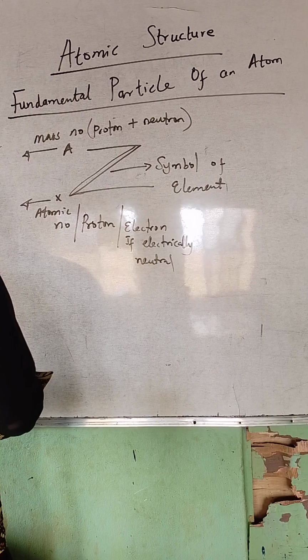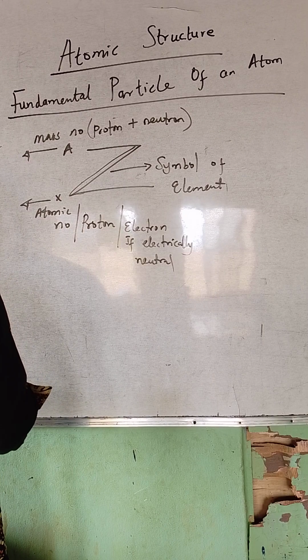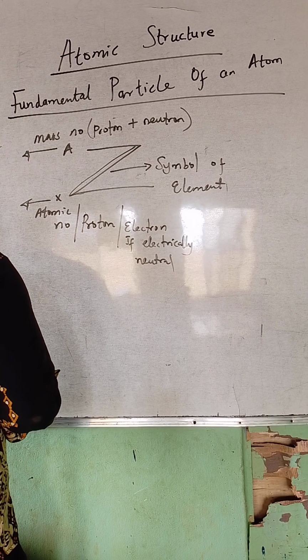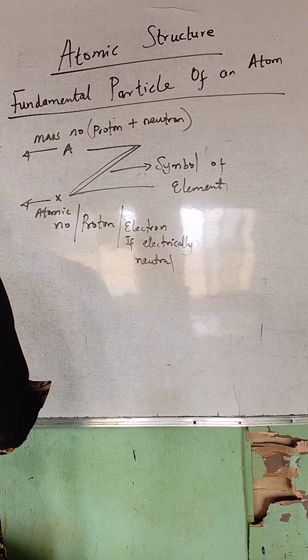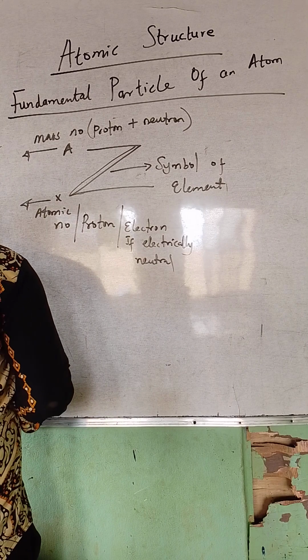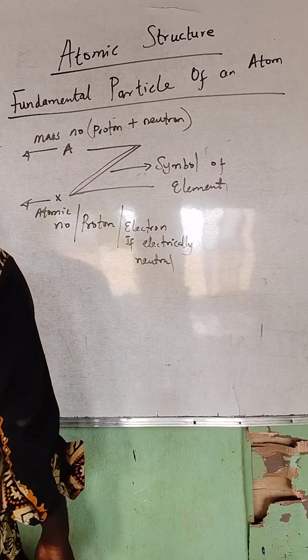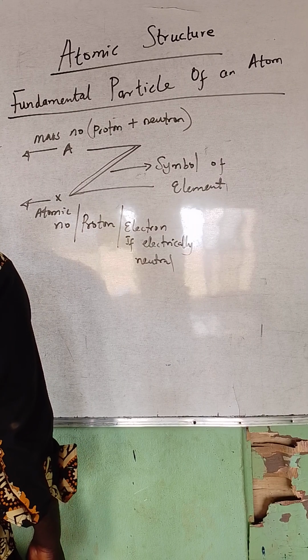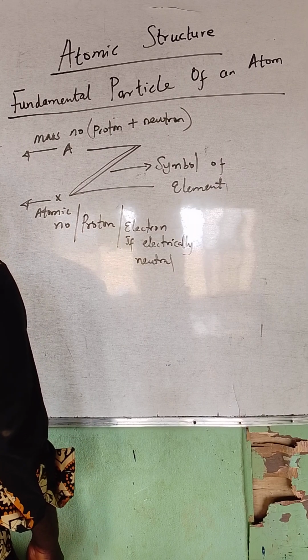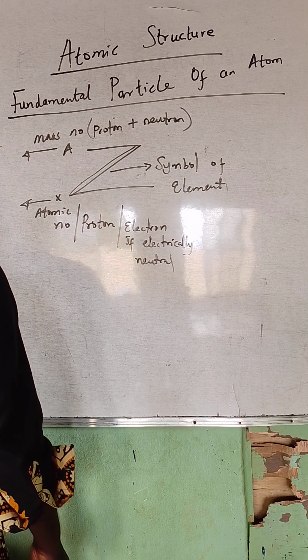So the atomic number is the same thing as the number of protons in the nucleus. Then the neutron number is the mass number minus the proton number.